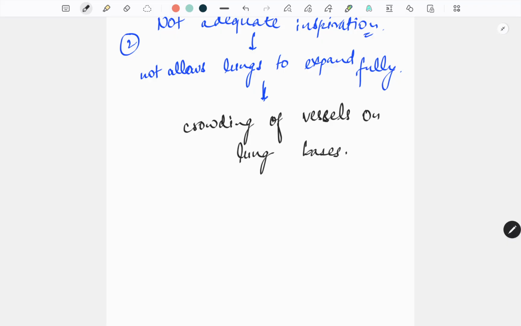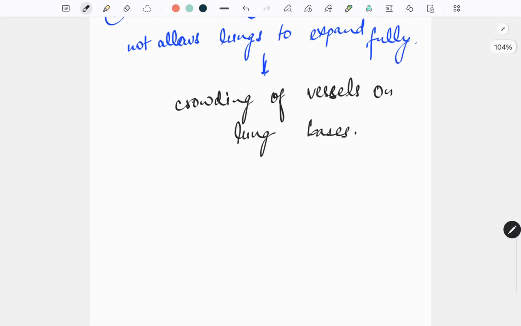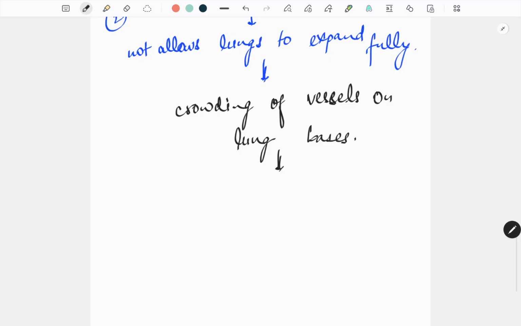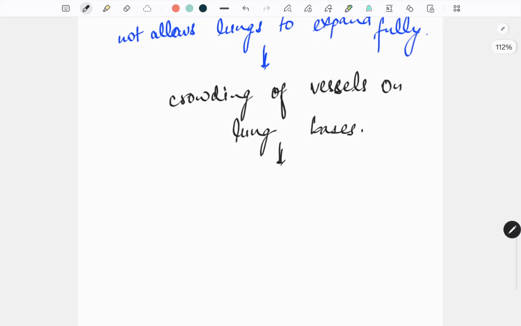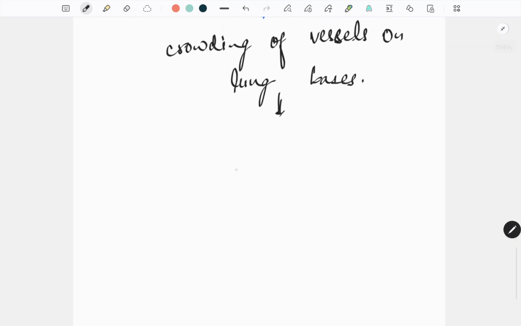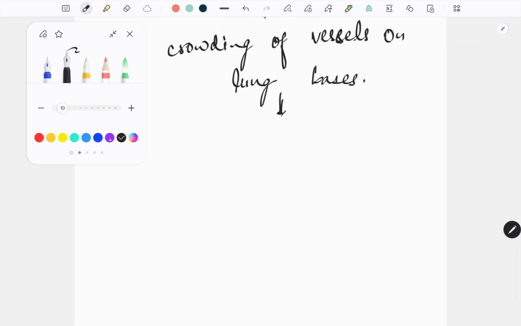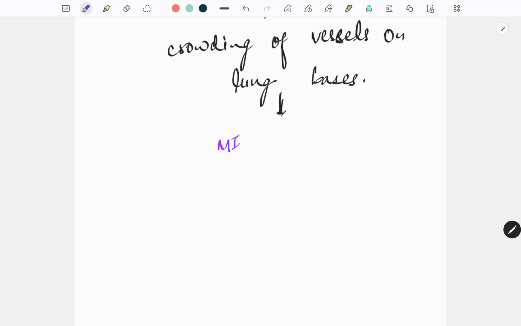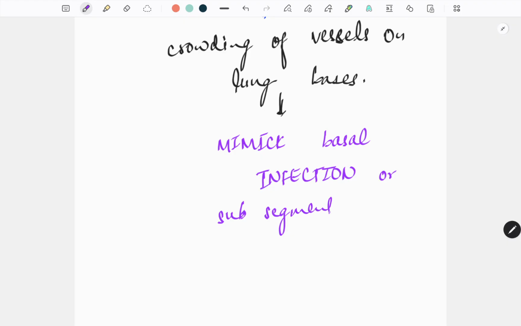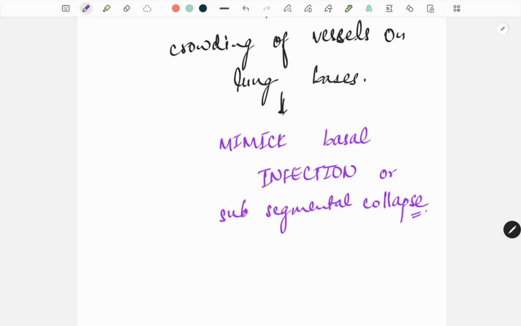lung bases. Now vessels are normally present there also, but because of decrease in expansion, this crowding will result in, what will it do? It will mimic basal infection or subsegmental collapse.